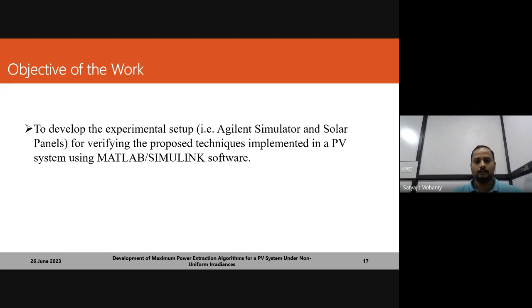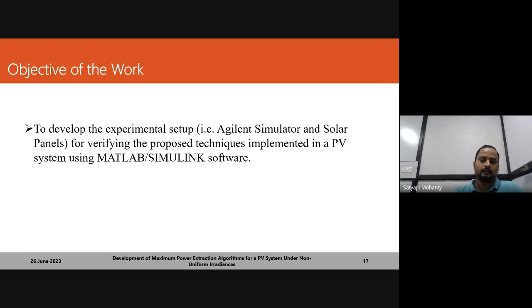So the objective of this part is that we will be using the Agilent simulator. So what is the Agilent simulator? You can say it's a replica of a real-time solar panel. If you use solar panels, you need to wait for the insolation to perform the experiment.